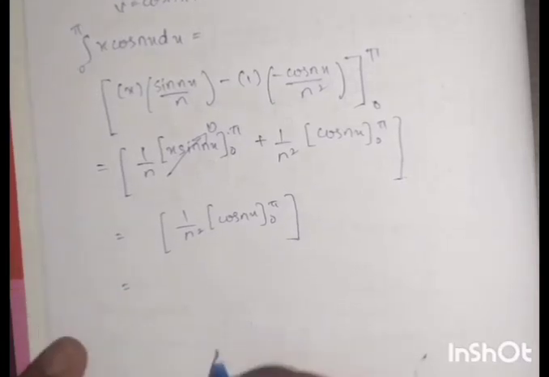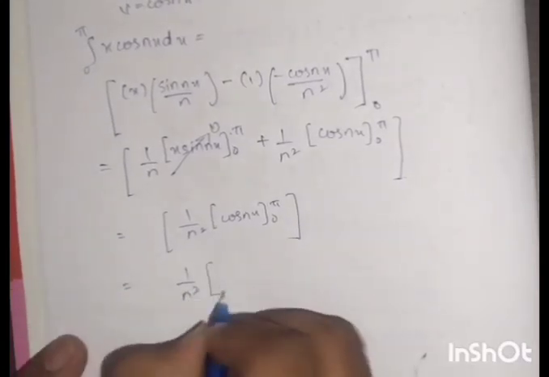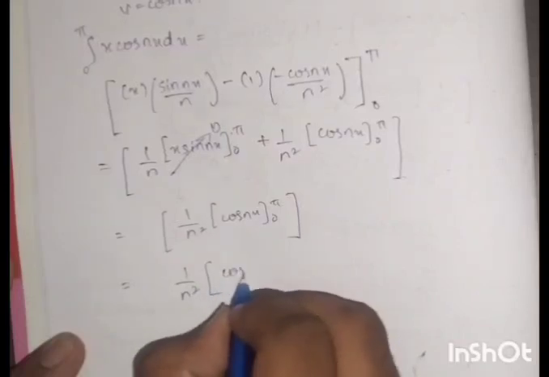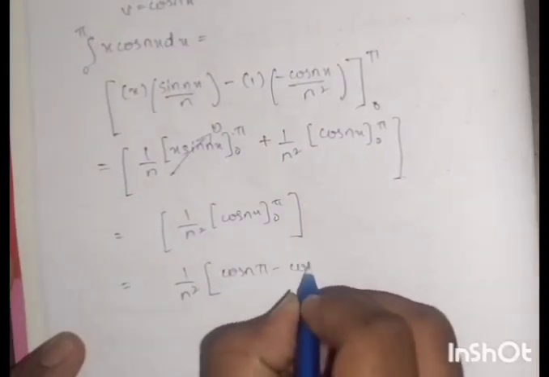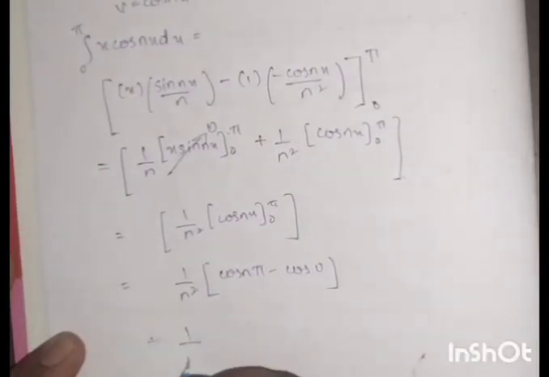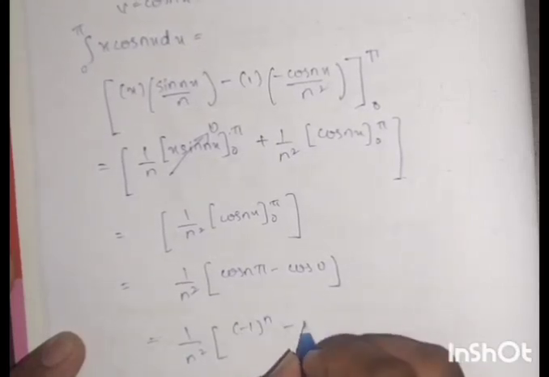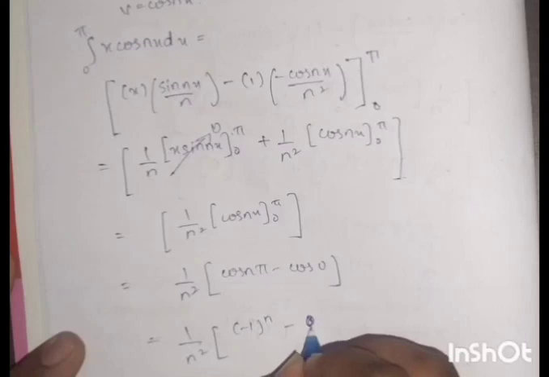By applying the limit, 1 by n square, cos n pi minus cos 0. Cos n pi is nothing but minus 1 raised to n, and cos 0 is 1.